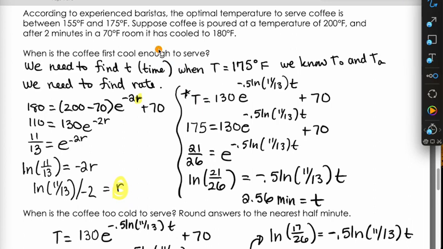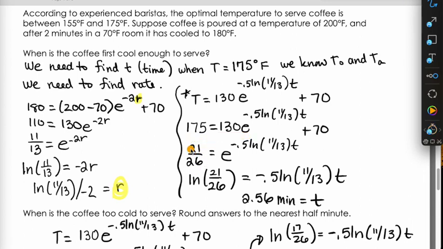Although the question is asking us to do it in reverse, it wants to know the time that it takes for it to cool down to 175 degrees Fahrenheit. So I'm going to put this in for T here and solve for little t, so I find the time, not the temperature. So again, to simplify this, I'm going to divide both sides by 130.